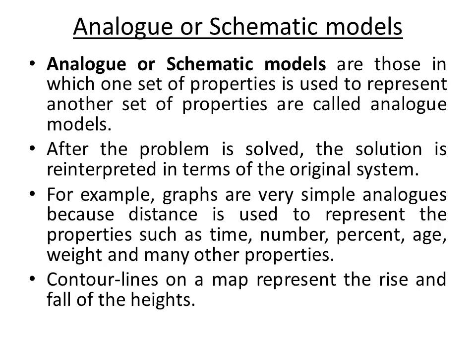For example, graphs are very simple analogs because distance is used to represent properties such as time, number, percent, age, weight, and many other properties. Contour lines on a map represent the rise and fall of the heights.